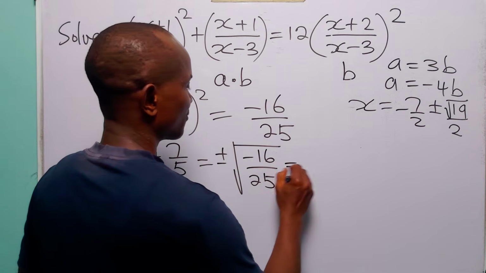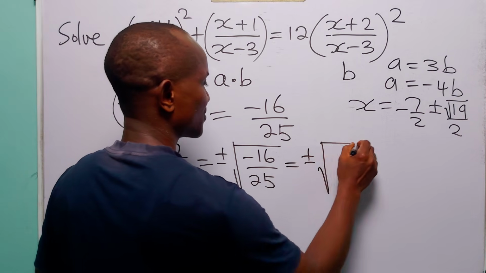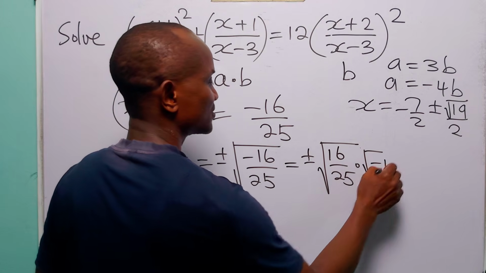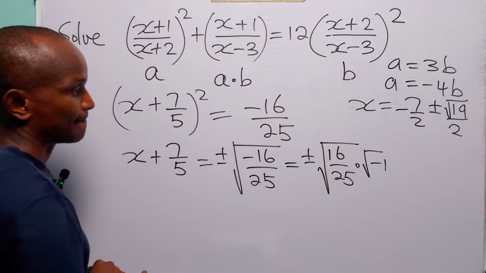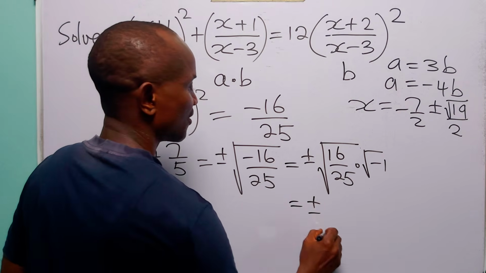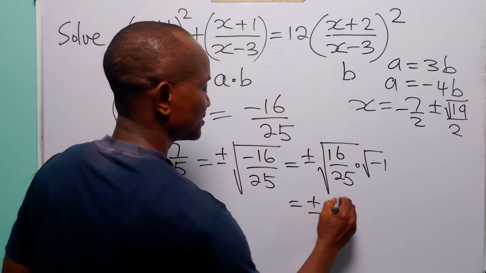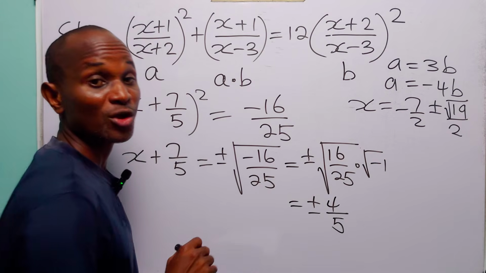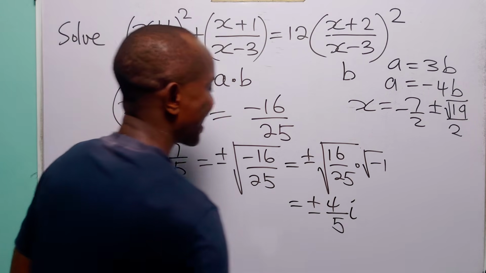Now, you know that this is equal to plus or minus the square root of 16 over 25 times the square root of minus 1. This is equal to plus or minus the square root of 16, which is 4. The square root of 25 is 5. The square root of minus 1 is i.